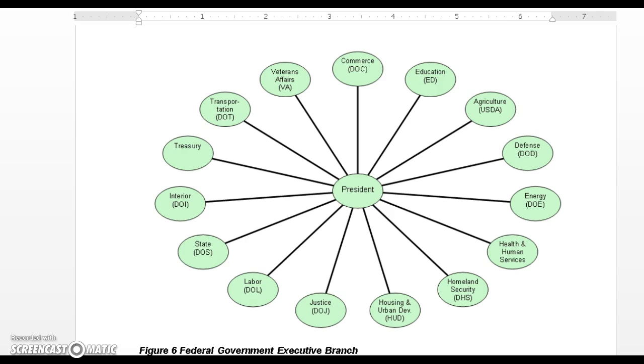The PowerPoint presentation that I gave you, I cut out a lot of the examples, and I put a few comments to help you understand how to code the federal government, the state government, and the local government.